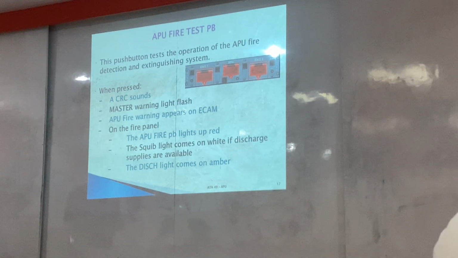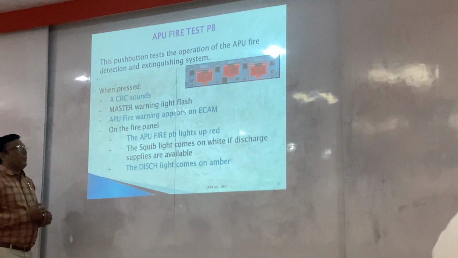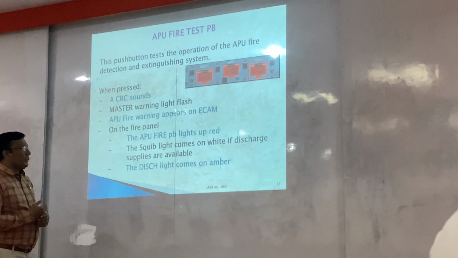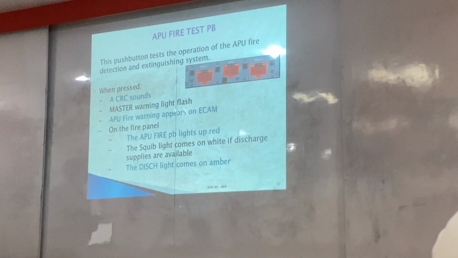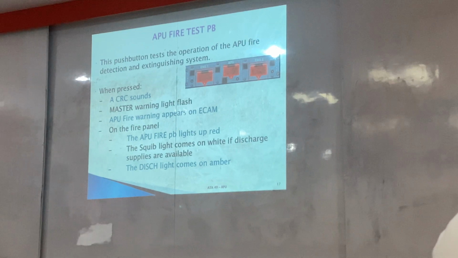When pressed, CRC sounds, master warning light flashes, APU fire warning appears on ECAM. On the fire panel, the APU fire push button lights up red. The squib light comes on white if discharge supplies are available, and the discharge light comes on amber. This is the APU fire test push button.